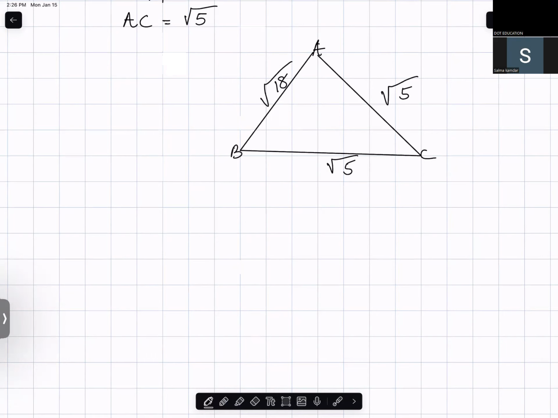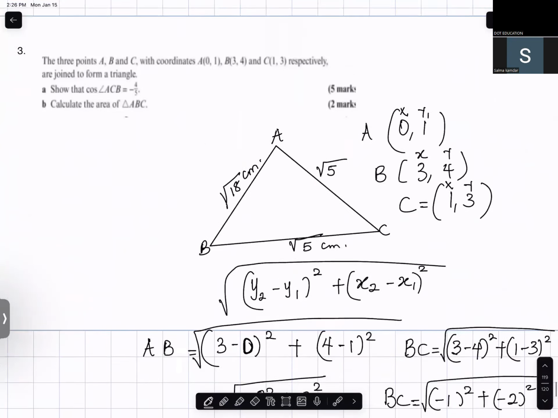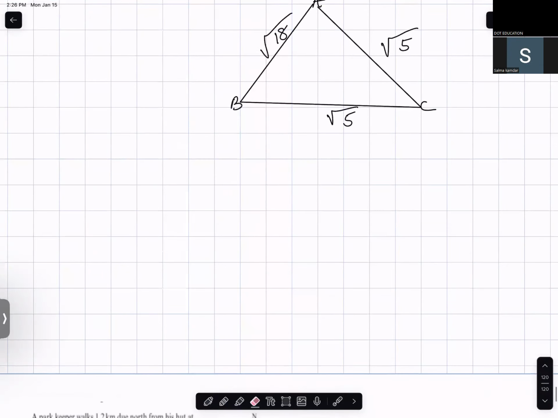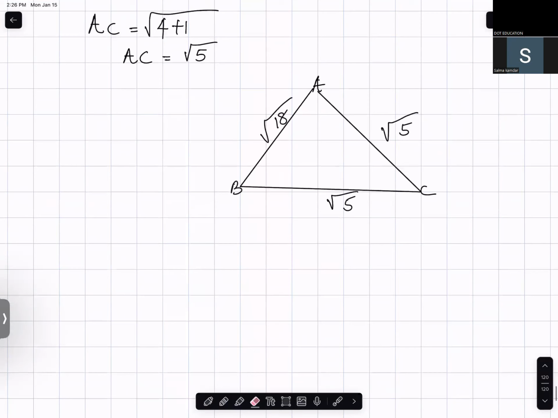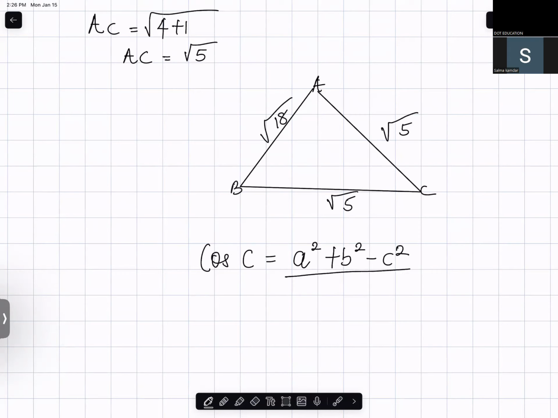So we apply the cosine formula, looking for cos of angle ACB. If you remember, if you're looking for the cos of angle C, cos C will give us a squared plus b squared minus c squared, divided by 2ab.